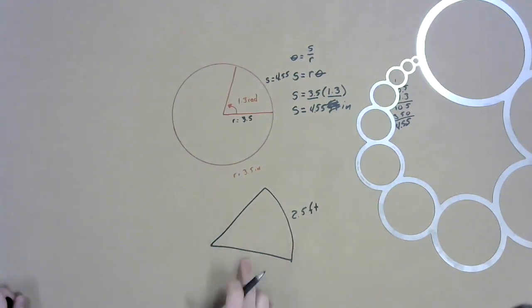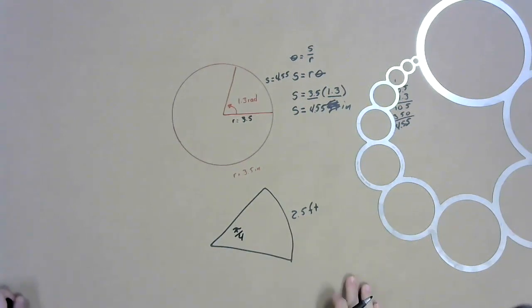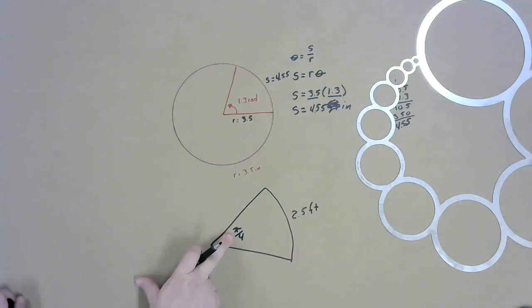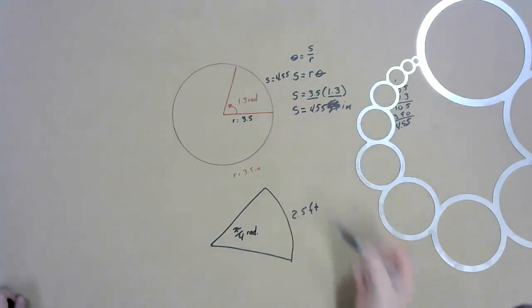Whichever piece of information we're given, we can find the other one. So let's say we want this angle to be something nice, say pi over 4 radians. It's not necessarily nicer than 1.3, but sometimes we'll see radian measures in factors of pi when they're even cuts of the circle, and sometimes we'll see them as decimals like this, depending on what kind of information we're dealing with.